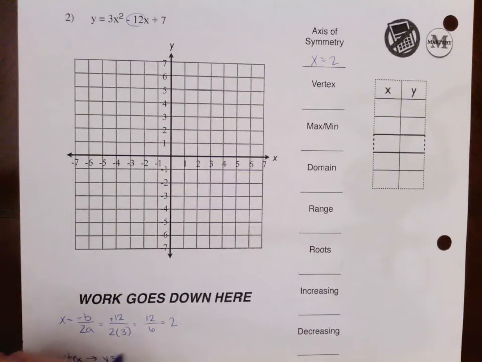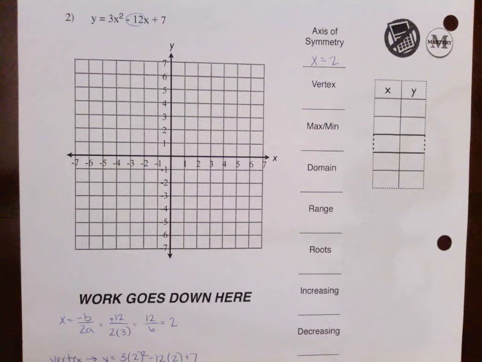we're going to say y is equal to 3 times 2 squared minus 12 times 2 plus 7. 3 times 4 minus 24 plus 7. So 12 minus 24 is negative 12.